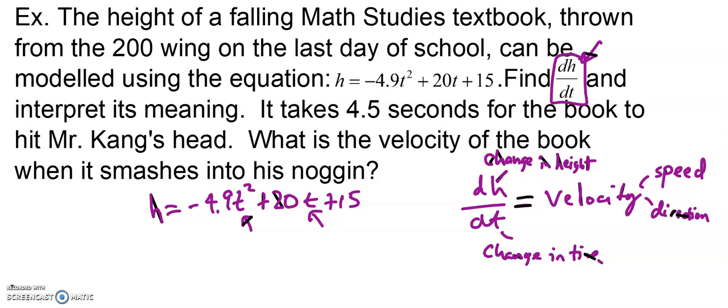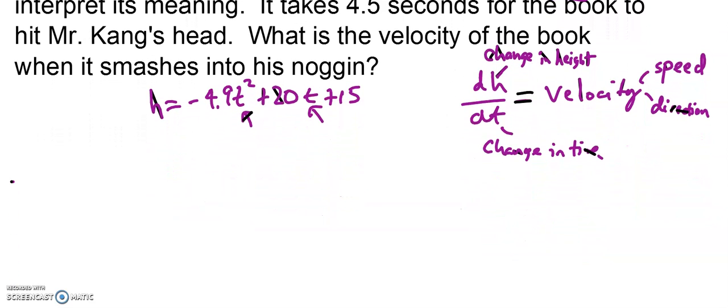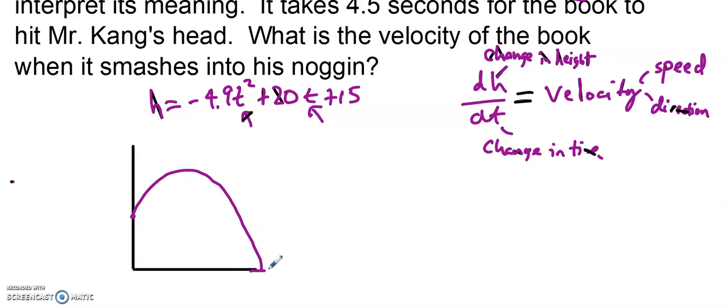So in this problem, if I were to just draw this out, let's imagine that this book was thrown up in the air and then down again. The velocity of this book would be how fast it's traveling as it goes upward, and then how fast it's traveling as it goes downward.